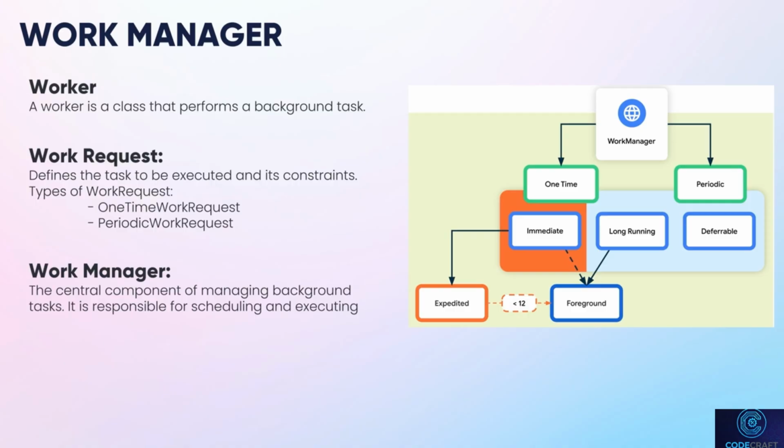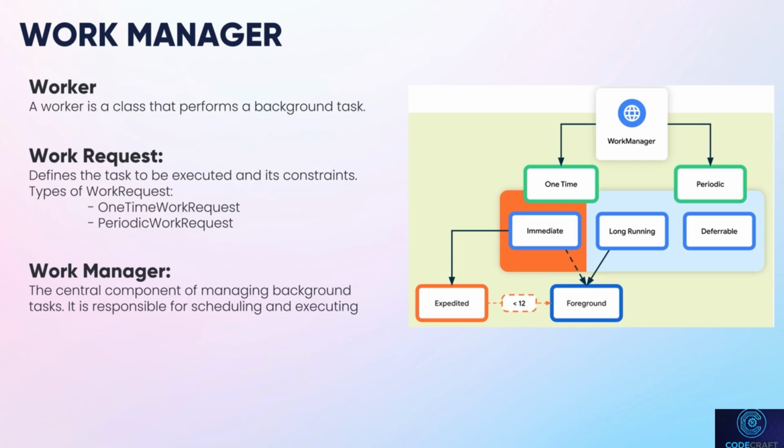WorkManager is the central entry point for managing background tasks. It's a class provided by the Android WorkManager library and is used to enqueue, schedule, and monitor the execution of work requests. WorkManager handles the scheduling of tasks, taking into account various factors like device state, constraints, battery optimization, and network connectivity.